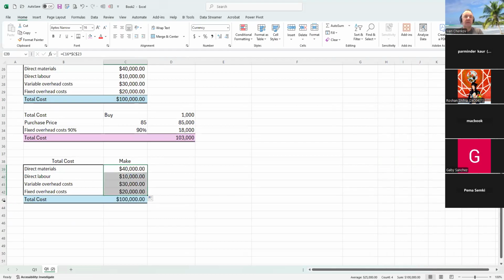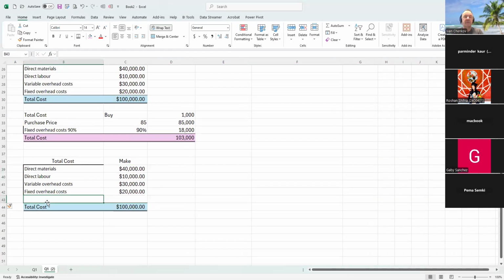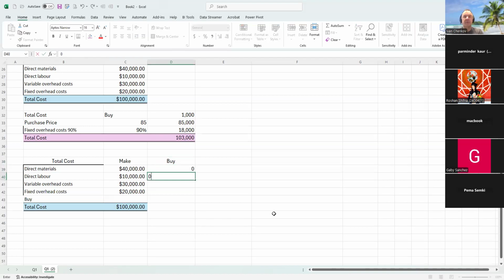Now, if I buy it, I need to insert a new column, and that will be buy here. And if I buy it, that will be zero, zero, zero. And for this one it's going to be only 90%, that will be 18,000 here. And the last thing left is the purchase price, right? I have to pay the purchase price, 85.